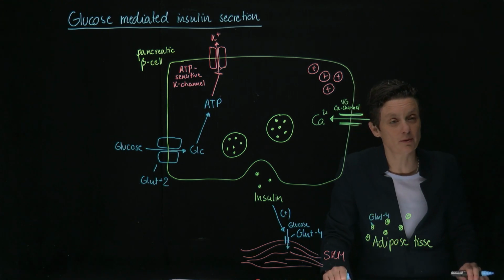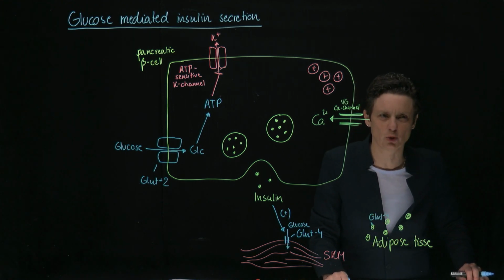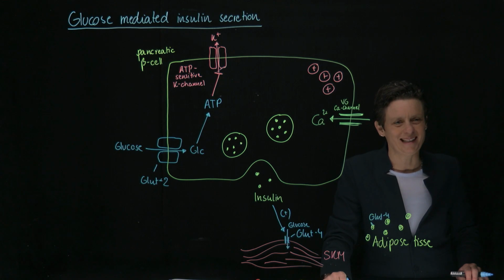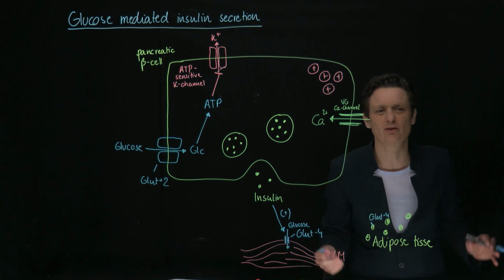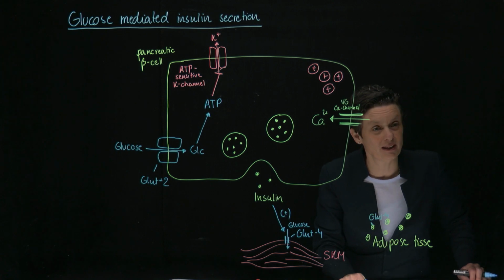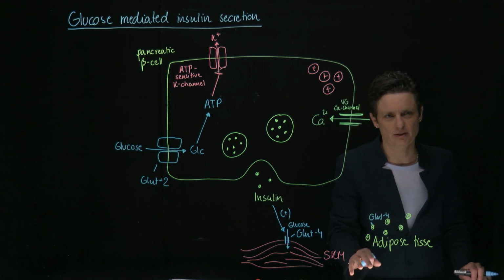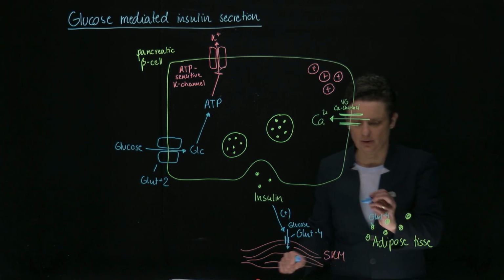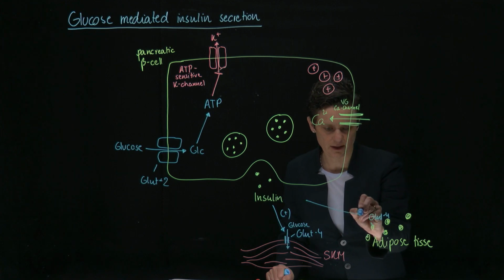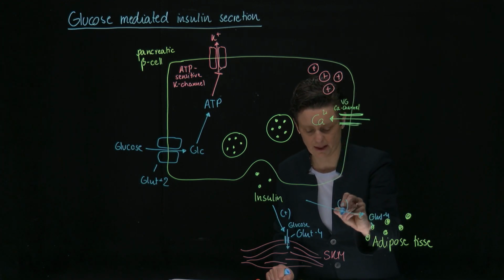But also remember, insulin is a fat-storing hormone, so it increases lipogenesis, so you're going to store more fat. That's also a reason why you're going to gain weight on insulin. So this is also an effect of insulin: just store the glucose away.